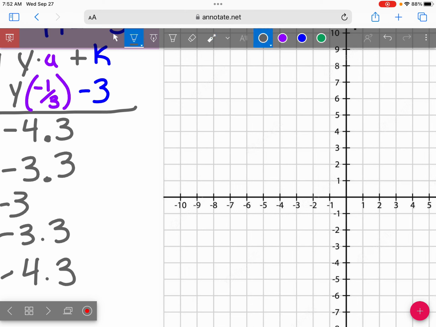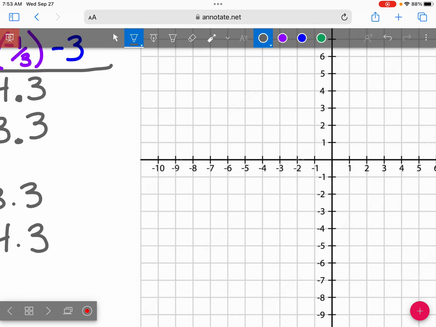So what we're going to do now is plot our points. -5, -4.3, which is somewhere between -4 and -5. When in doubt, make a chunky dot and move on with your life. I'm not going to bust out a ruler and say, well, you said that was a third, but I think that's more like a half. -4, -3 and a bit. -3, -3, right on the dot. -2, -3 and a bit. -1, -4 and a bit.